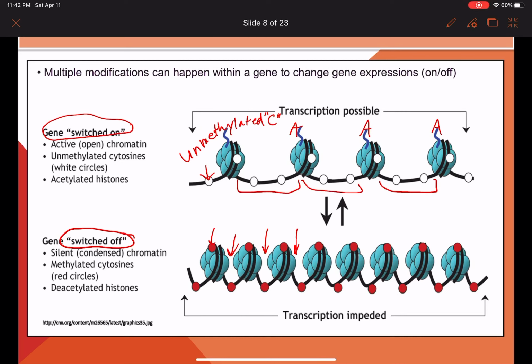So these are methylated C's, which we were talking about as your heavily methylated gene. And then you have deacetylated histones, so that's why you don't have a tail coming out, because that tail is tightly wrapping around that DNA molecule, as we have seen earlier.